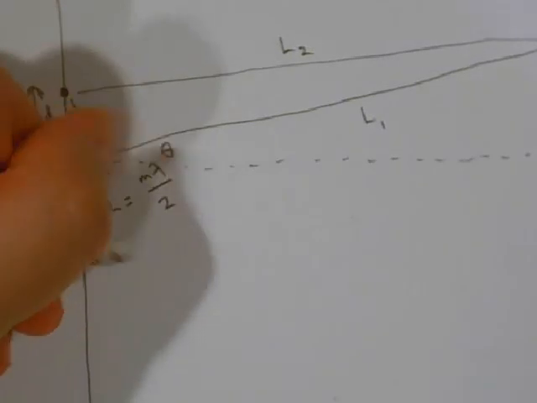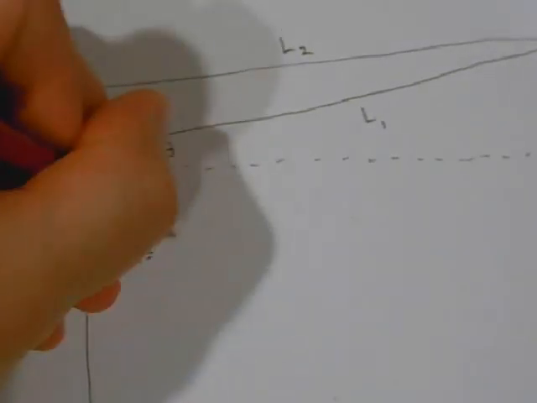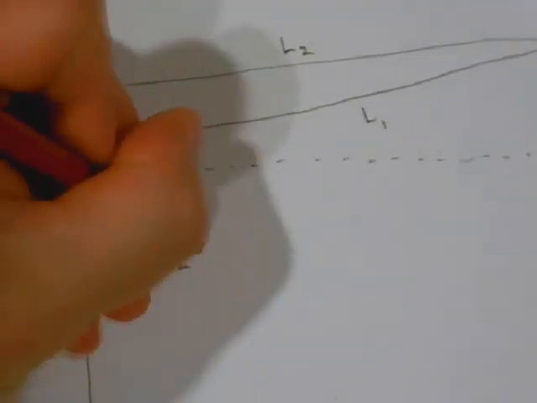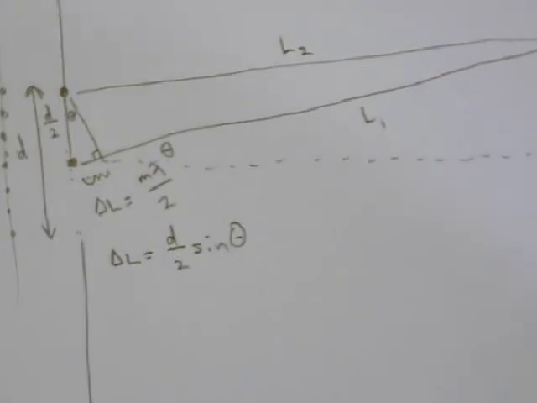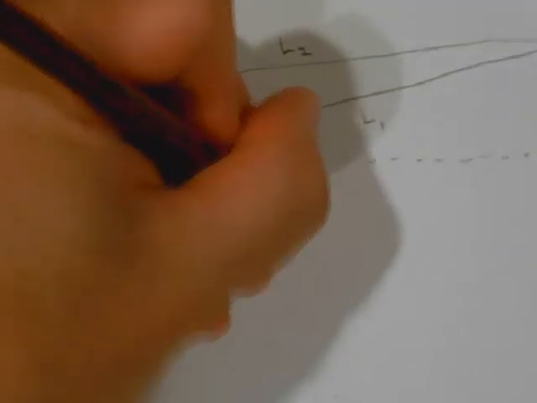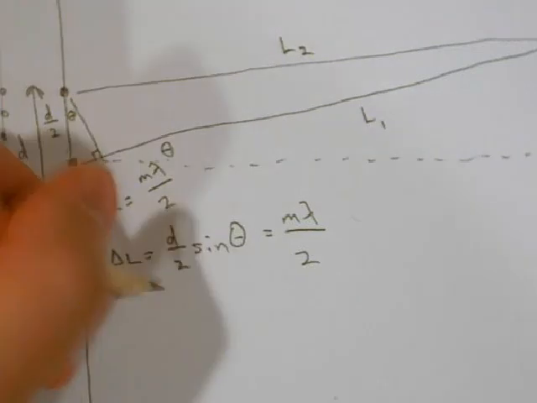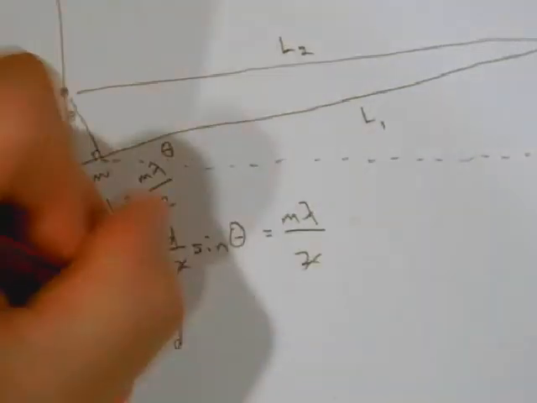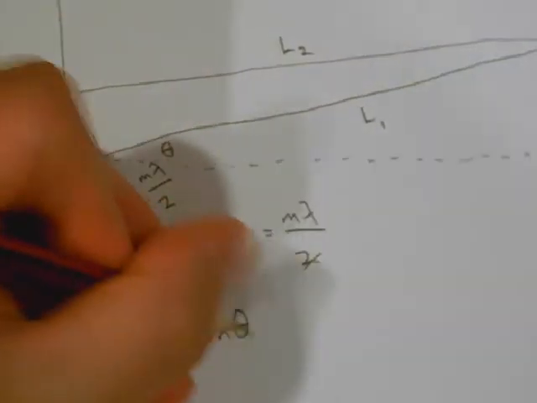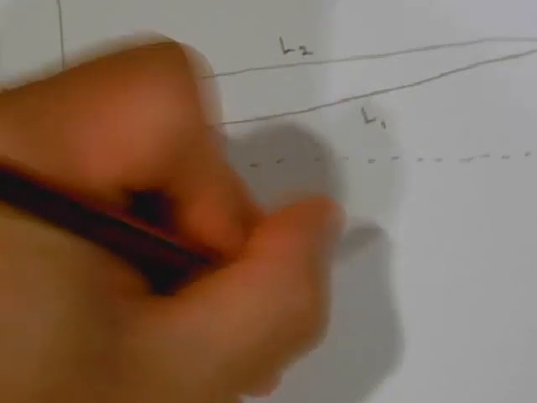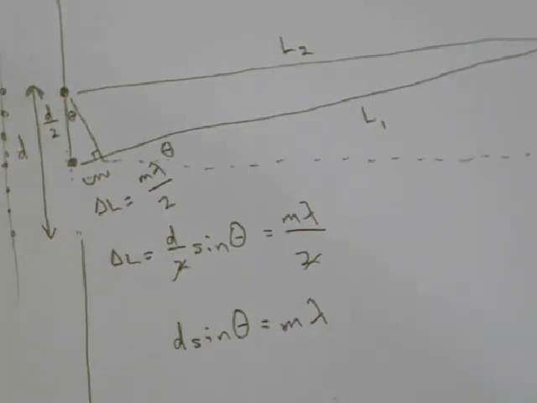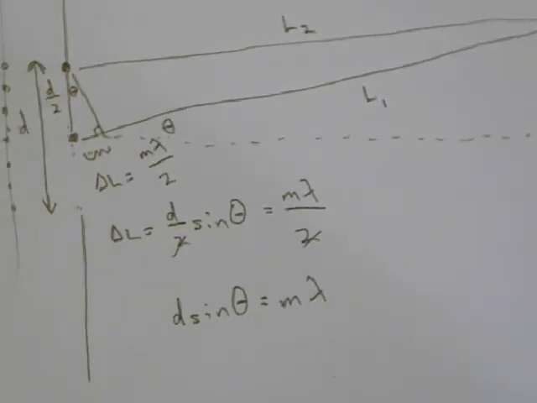This is going to be d over 2 sine theta. So delta L is also going to be equal to d over 2 sine theta, which equals m lambda over 2, which, hey, guess what? I get the same equation. Which is why, if you look on your equation sheet, it's just d sine theta equals m lambda.